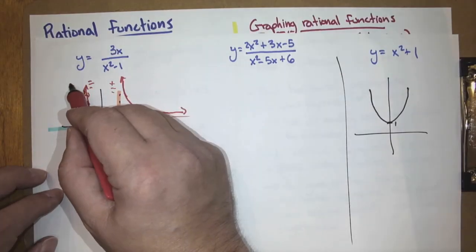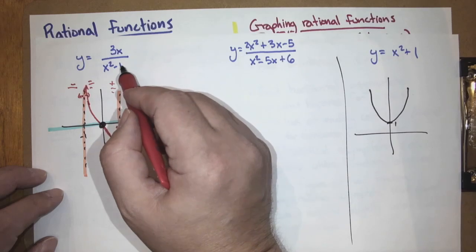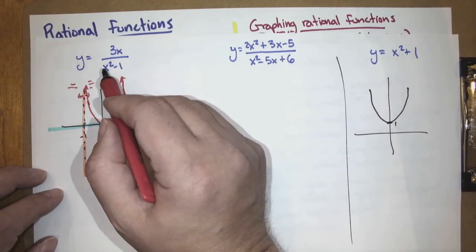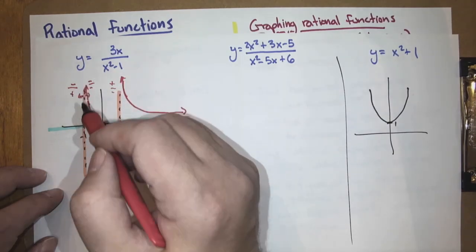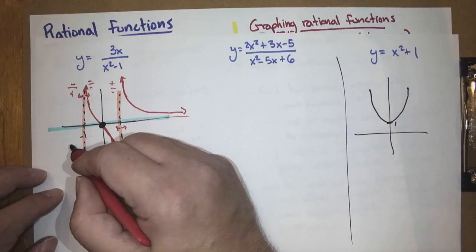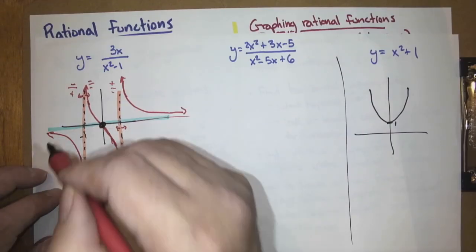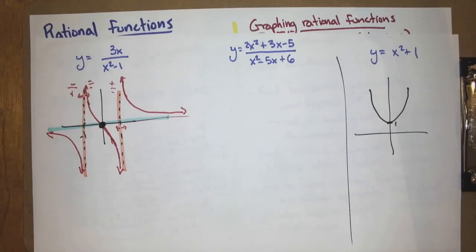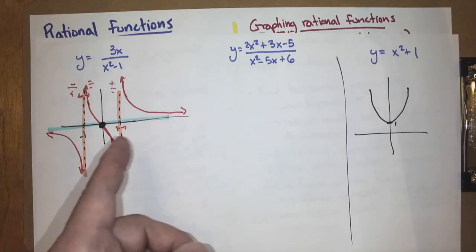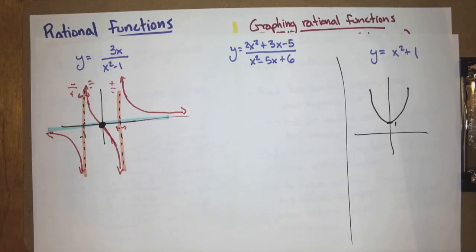Upstairs, negative. Downstairs, positive. So where are we going? We're going down. So we can understand how we are approaching the vertical asymptotes by just looking at the signs on either side.